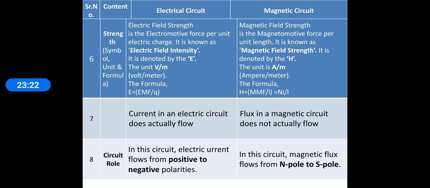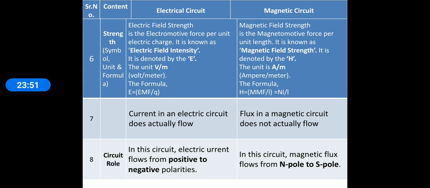Then number 7. In an electrical circuit, the current actually flows. In a magnetic circuit, the flux does not actually flow. That is, current cannot pass through the air, but flux can pass through air also.